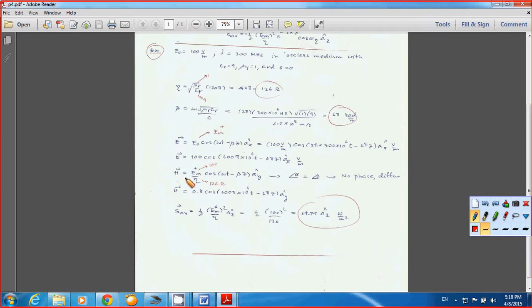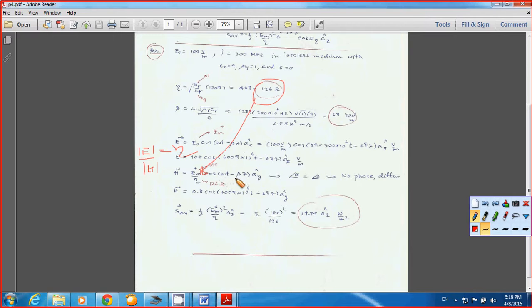Same as H. For H, you bring up the relation: the ratio of electric field and magnetic field gives you eta, the intrinsic impedance, right? So that's why H equals E over eta. So it becomes 100 divided by eta. What is your eta? You already calculated it from here, so you plug in eta equal to 126 ohms.